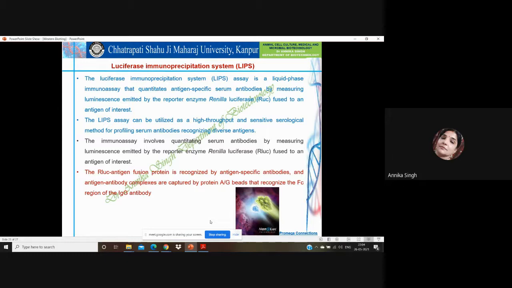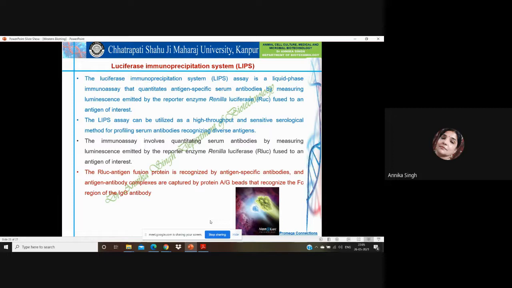It involves, as I have told you, the quantitation of the serum antibody by measuring luminescence emitted by the reporter enzyme Renilla luciferase.